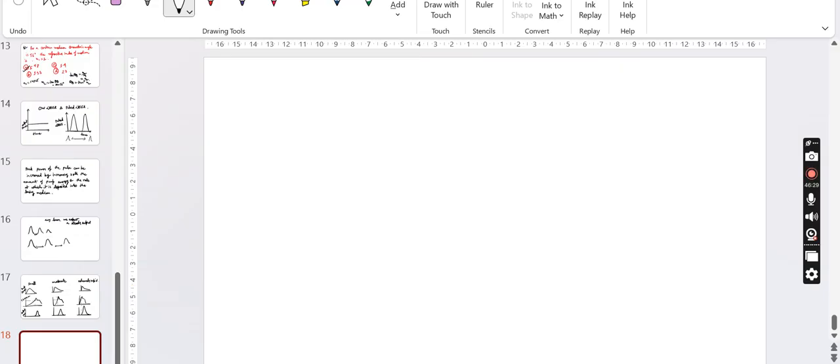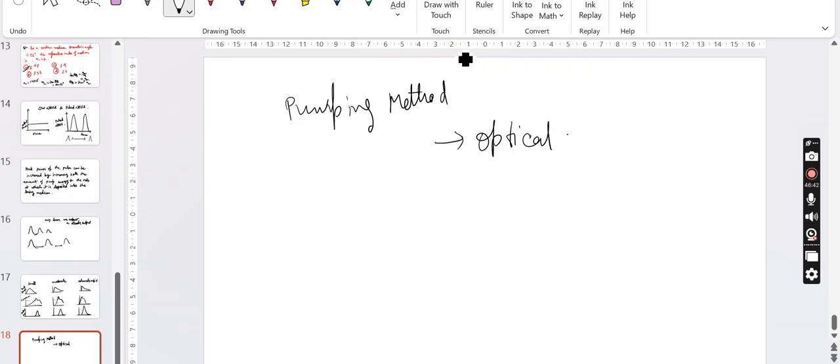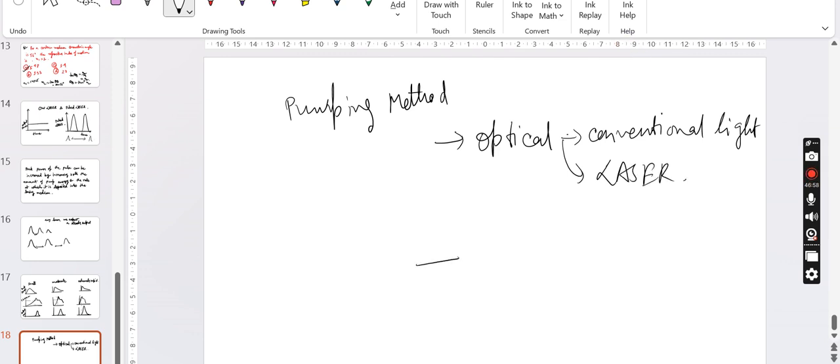We have already discussed the various pumping methods. Optical: in optical, there are two methods, conventional light and another is electrical.